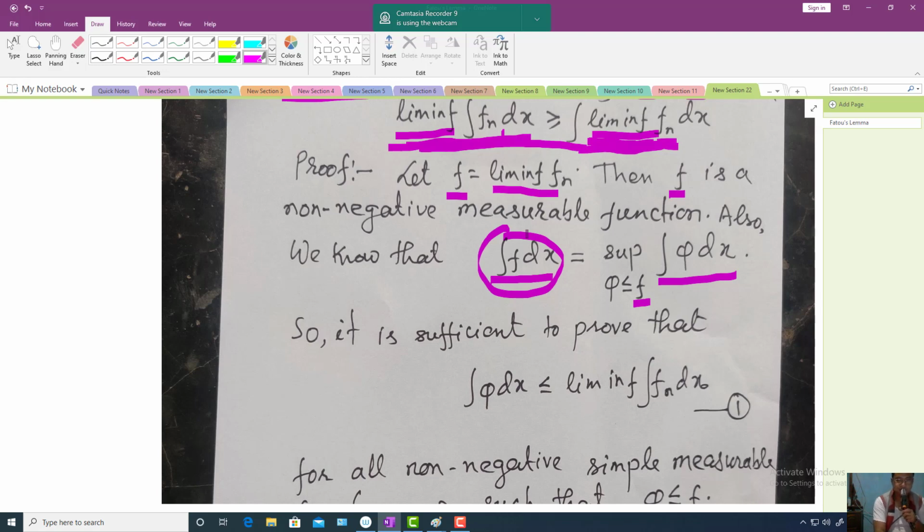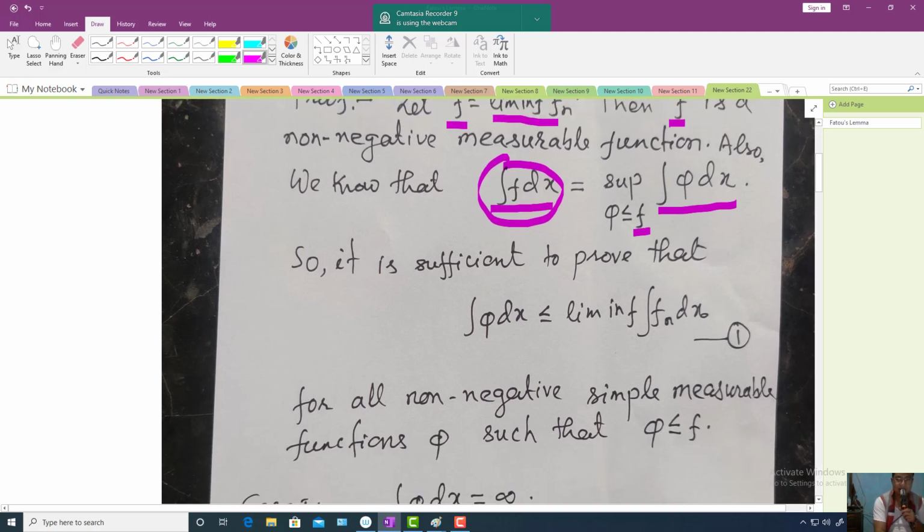Then it is sufficient to prove this inequality, number one, for all such simple measurable functions which are dominated by f.